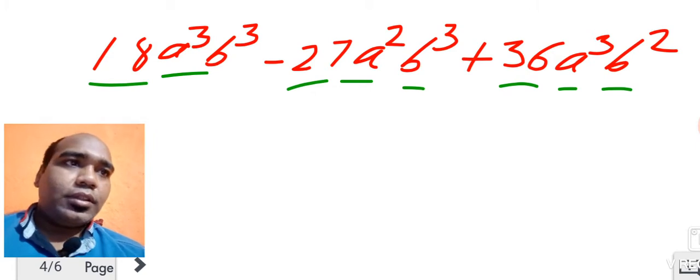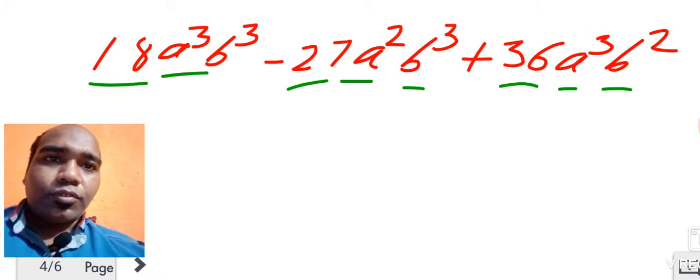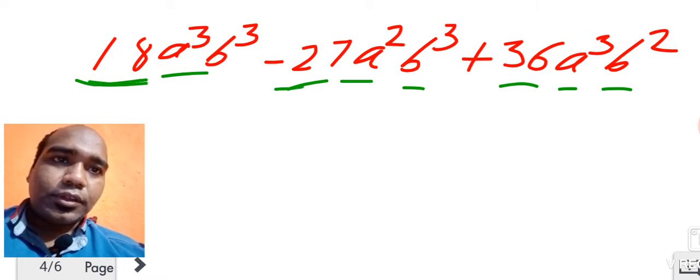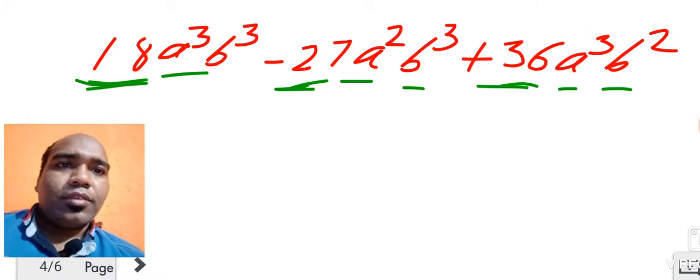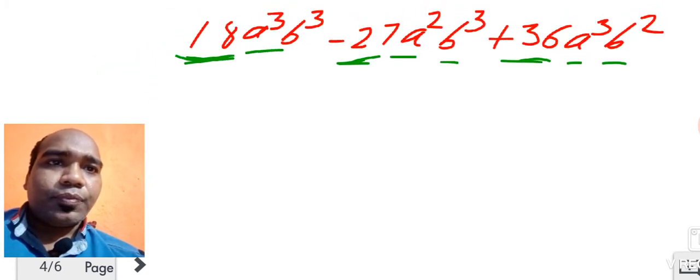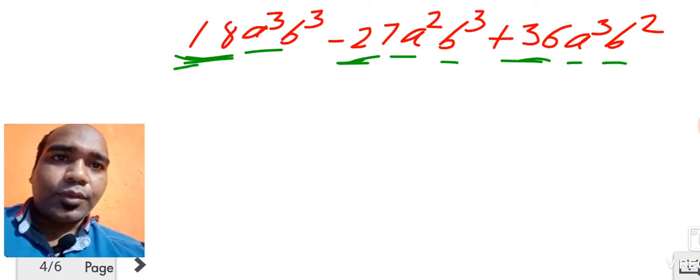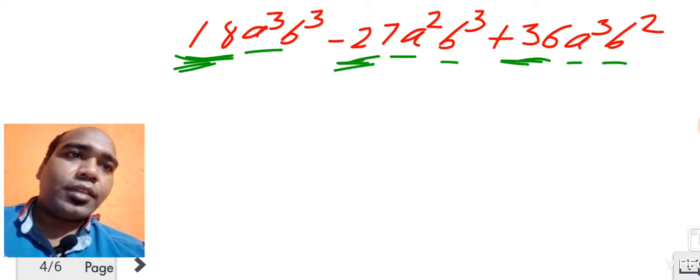Okay. Now first of all focus on the numbers 18, 27 and 36. So is there any number in whose table we get all three, 18, 27 and 36?